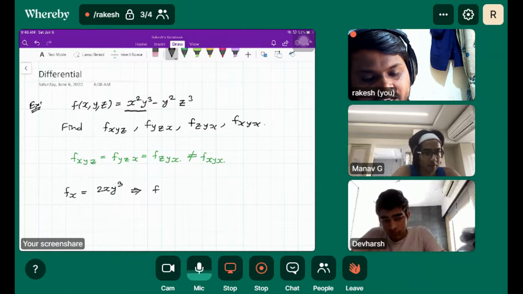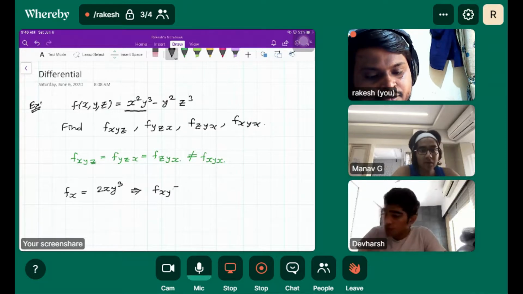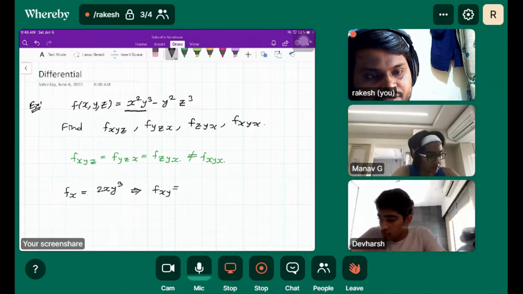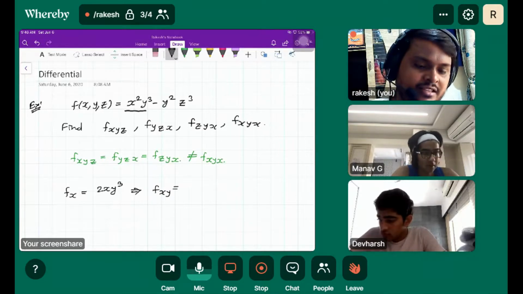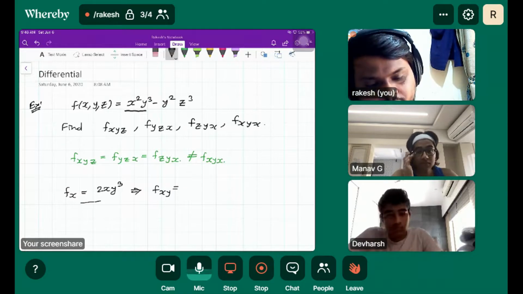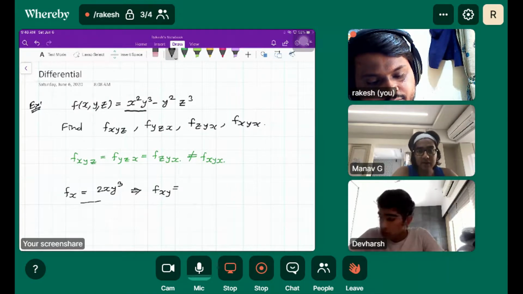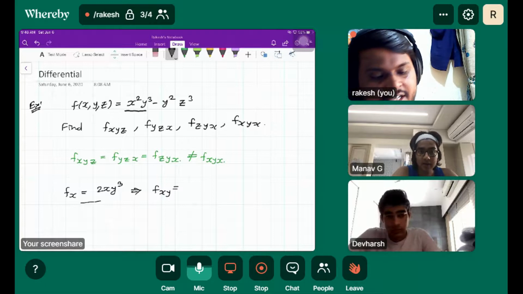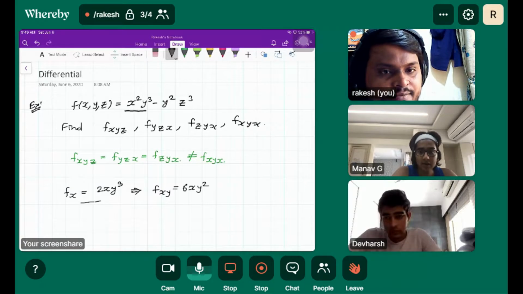Then f_yzx means with respect to y. Now we'll differentiate the last term with respect to y. That would be 3y squared, since x is constant, so 6xy squared.